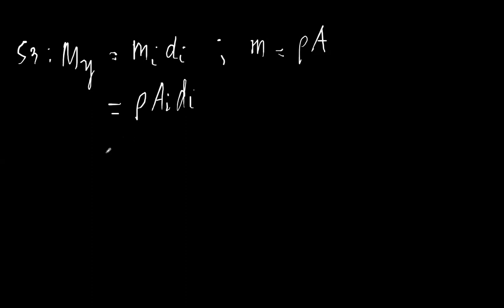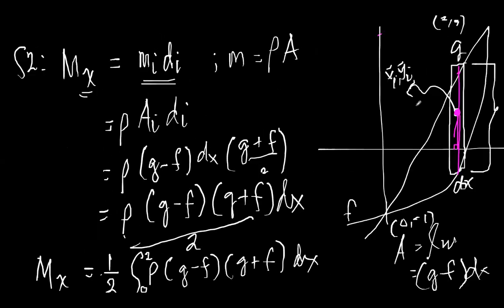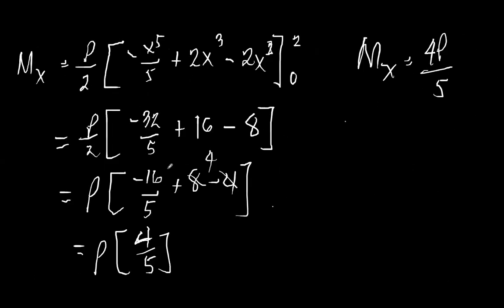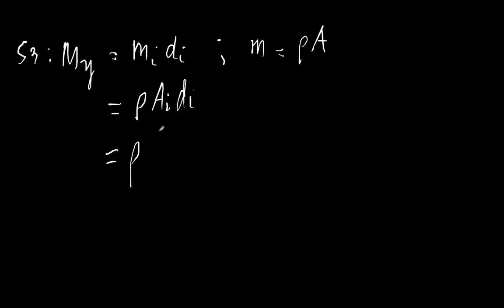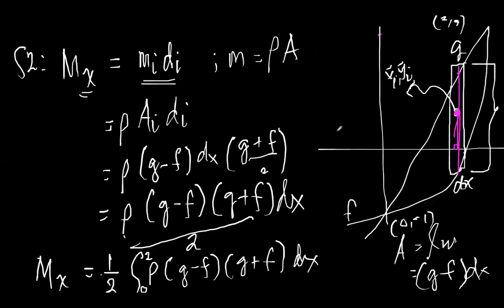So again, we will still be using the same graph. So the area will still be the same. So that's g minus f times the delta x, or the dx. Okay, that's our area. Since we're dealing with the same rectangular representative, its area is still the same as this one.